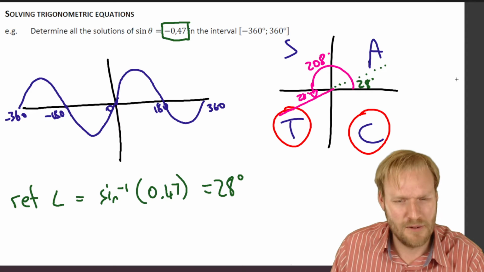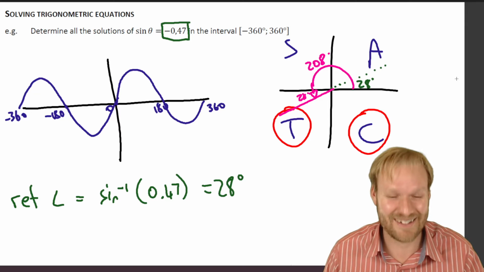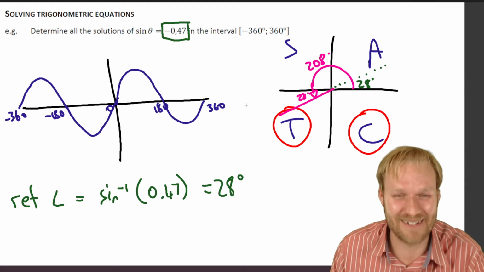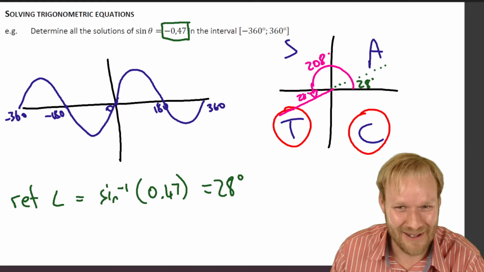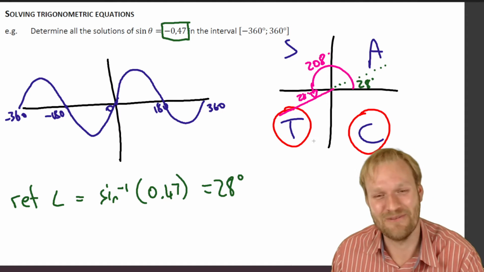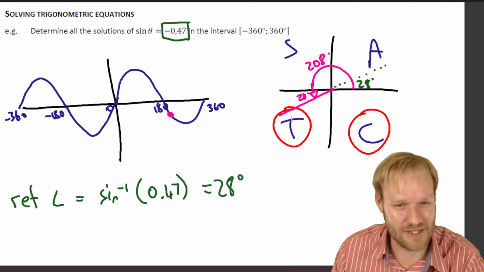208. I'm going to check on the calculator in the background because I'm terrified I'm going to get this wrong. 208. Okay, cool. So 208 is our one option, which means that's that point over there, give or take.